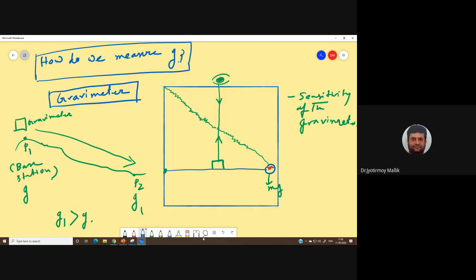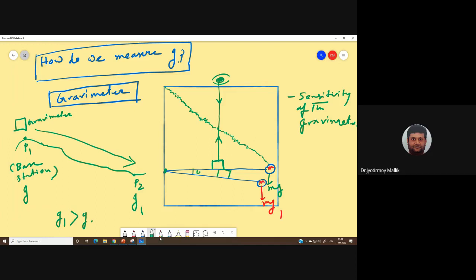So what will happen? This thing will be deflected a little bit. Now this is still m, but this force is mg1, and you see that this mirror is tilted.